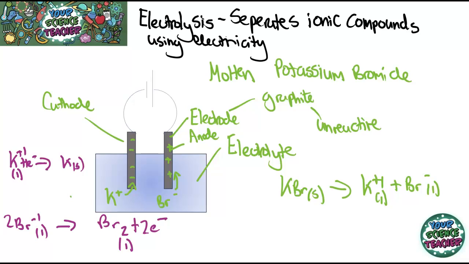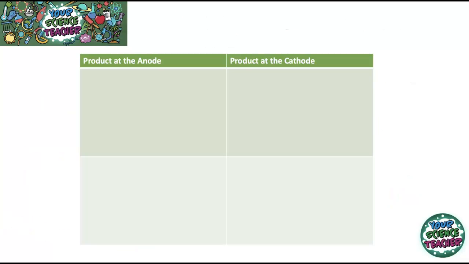Now, I did say that we can also carry out our electrolysis with aqueous solutions. It doesn't have to be molten. I can use water to help my ions be able to move. And when I do this, I introduce 2 extra ions into the mix. I introduce hydrogen ions, which are H+, and I also introduce hydroxide ions, which are OH-.